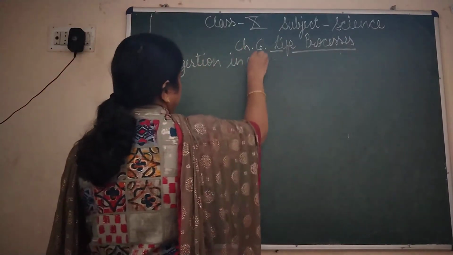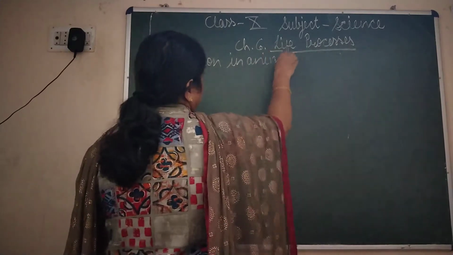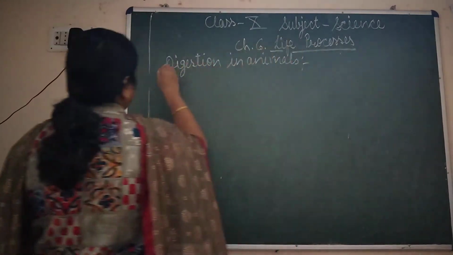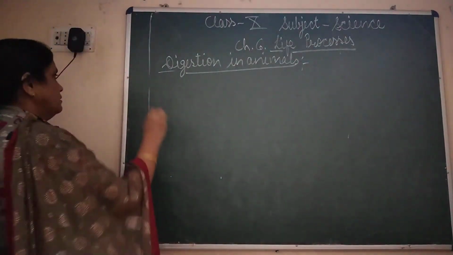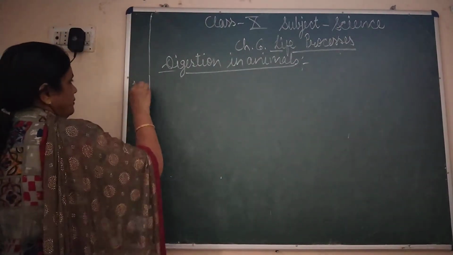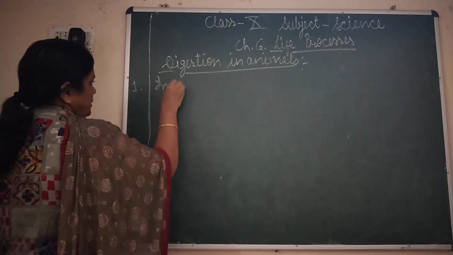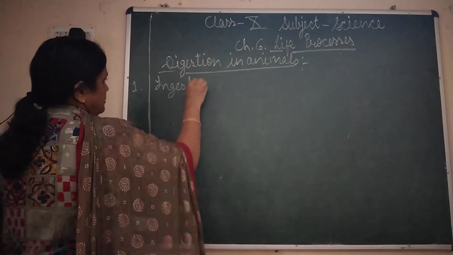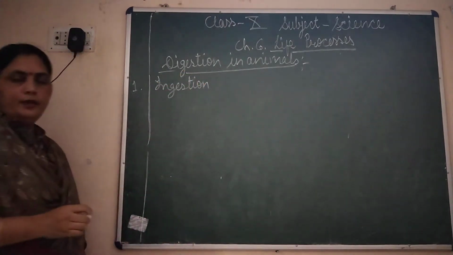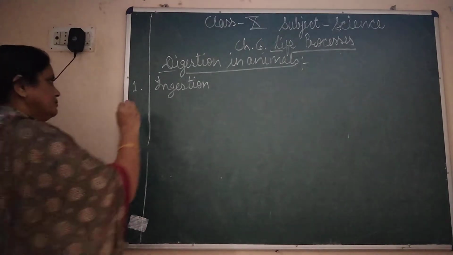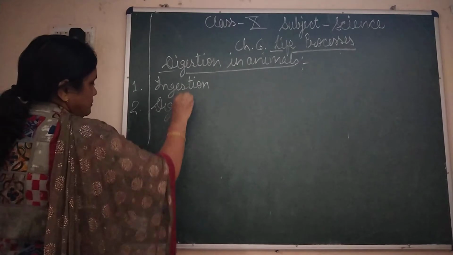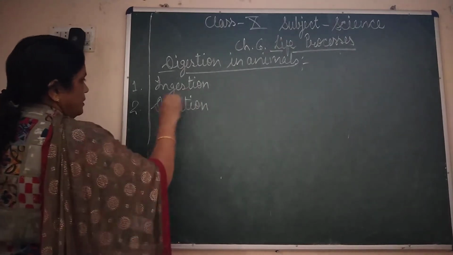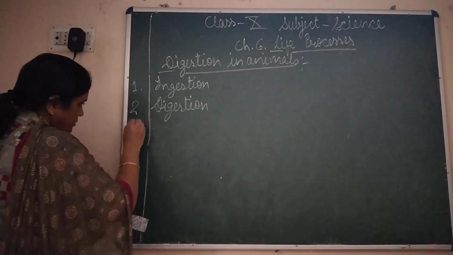Digestion in animals is completed in 5 steps. Number 1, ingestion. Number 2, digestion.